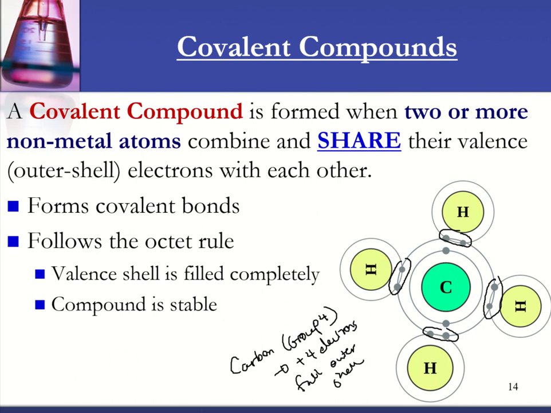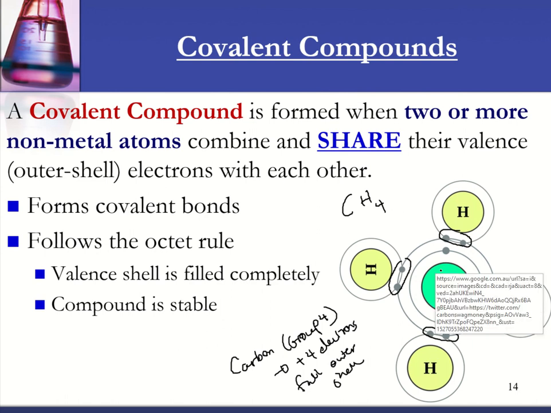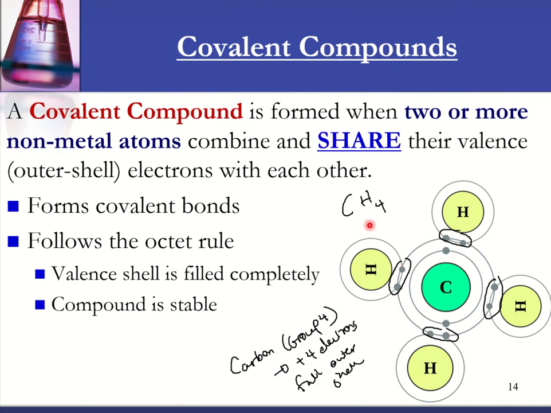You can also see the chemical formula of this particular compound would be CH4, the 4 representing the 4 hydrogens, the C representing the 1 carbon that we have in this diagram. This is actually also known as methane, another type of greenhouse gas.